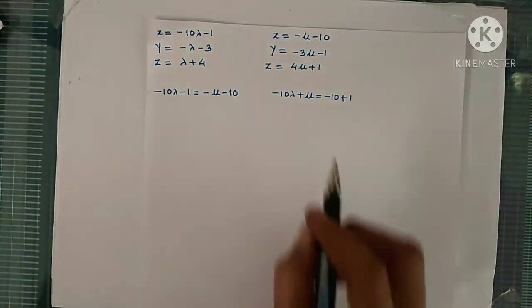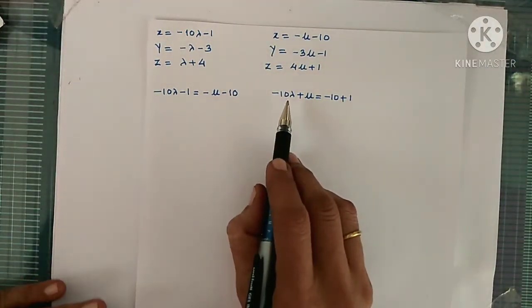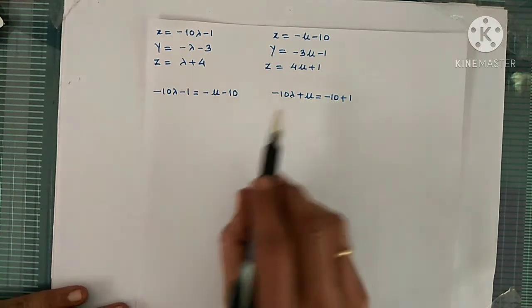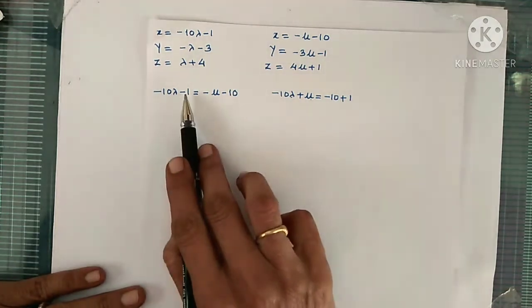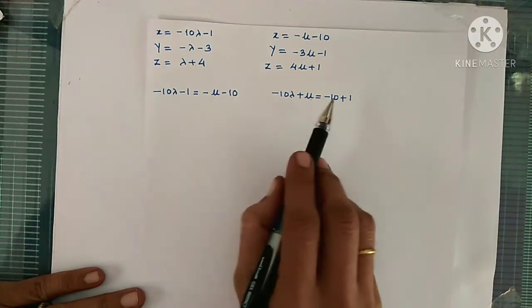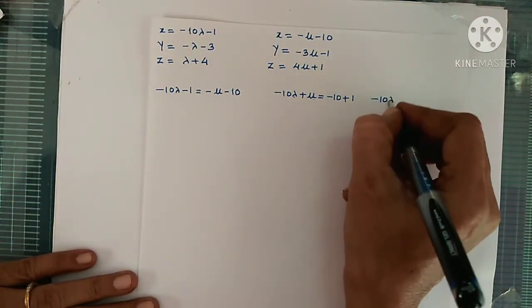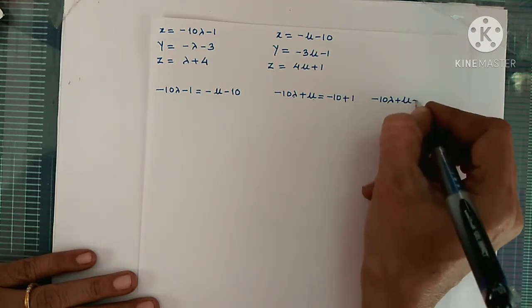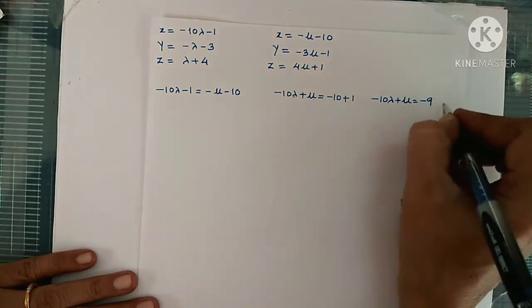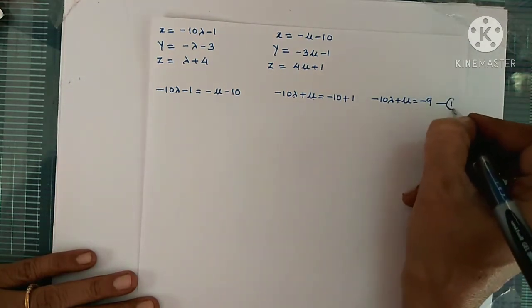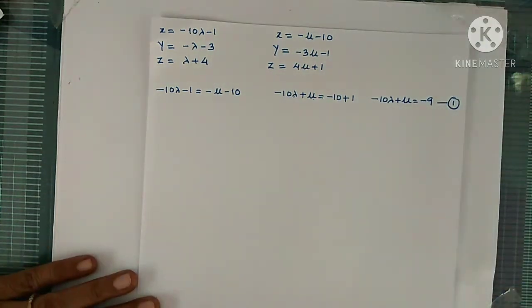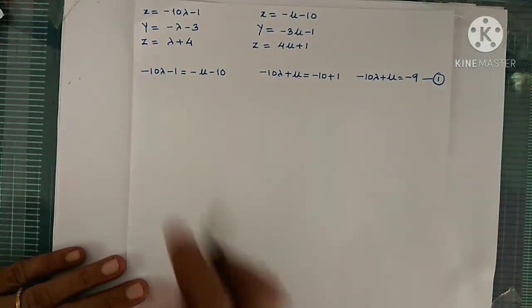So we are writing the unknowns lambda and mu on the left hand side and the constants minus 1 and minus 10 on the right hand side. So the equation becomes minus lambda plus mu equal to minus 9. So let this be equation number 1, equating x coordinates of the points.